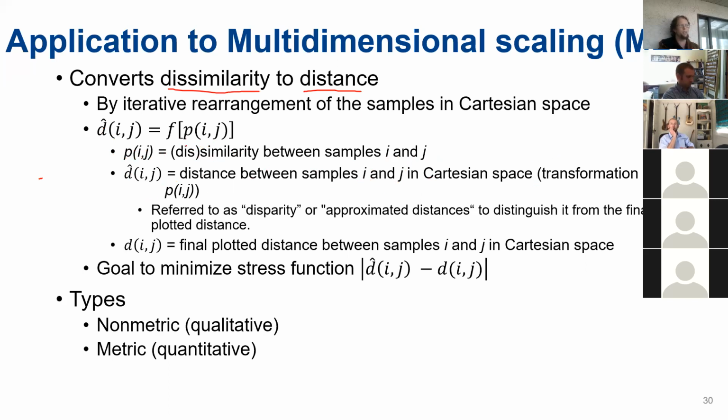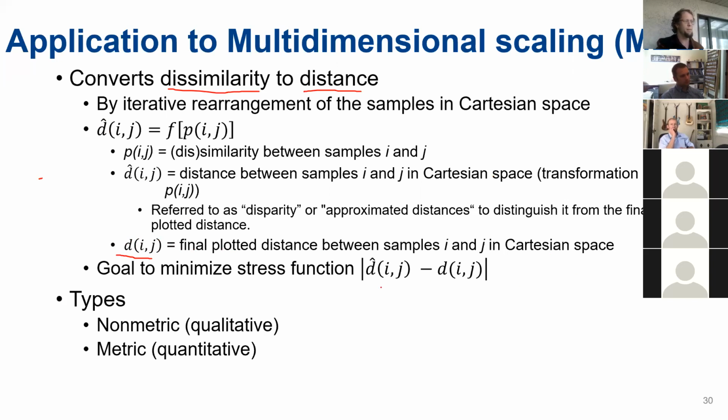And it's a transformation, so the F of P. And that D hat is referred to as disparity, or approximated distance, to distinguish it from the final plotted distance. The final plotted distance we're going to refer to as D of I and J. So D hat is the disparity, D is the final distance in our plot.